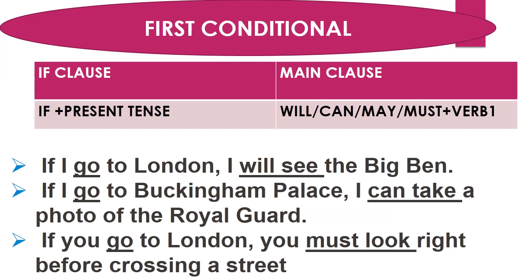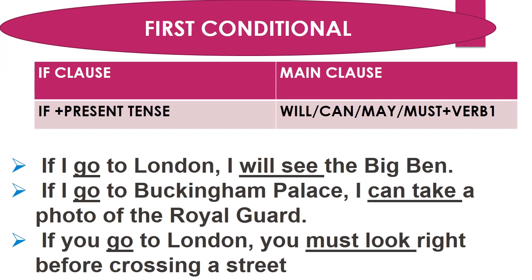Then in next example, if I go to Buckingham Palace, I can take a photo of the royal guard. So if clause is given first, so in that clause we have used go verb, that is present tense, and in main clause we have used can take. With can we have used the verb take.